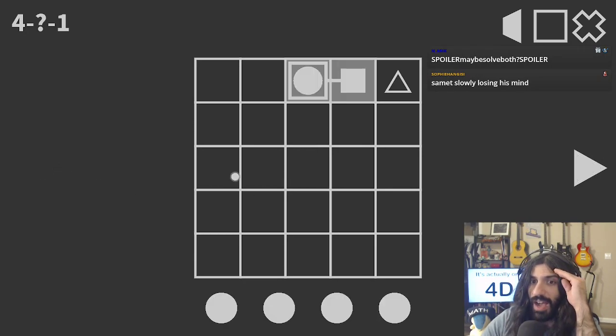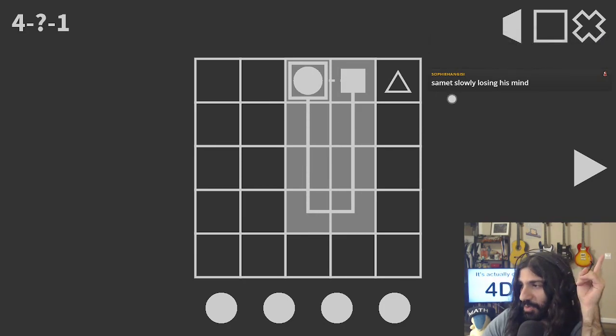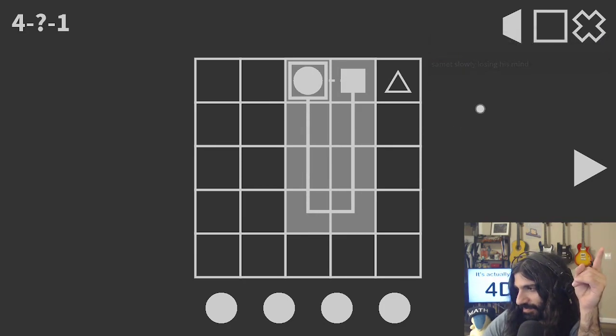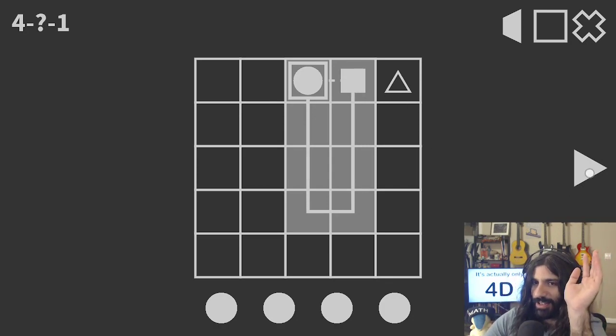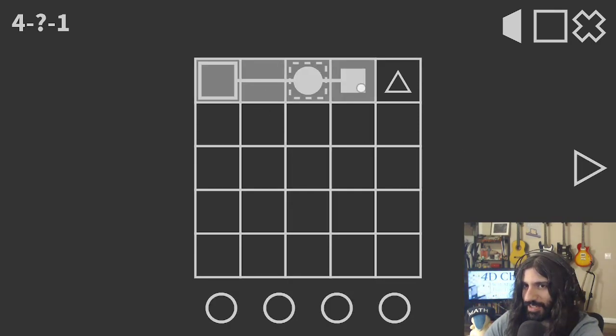So maybe I have to... I think what it is is that all of the paths have to be the same. Here, there are basically no rules.